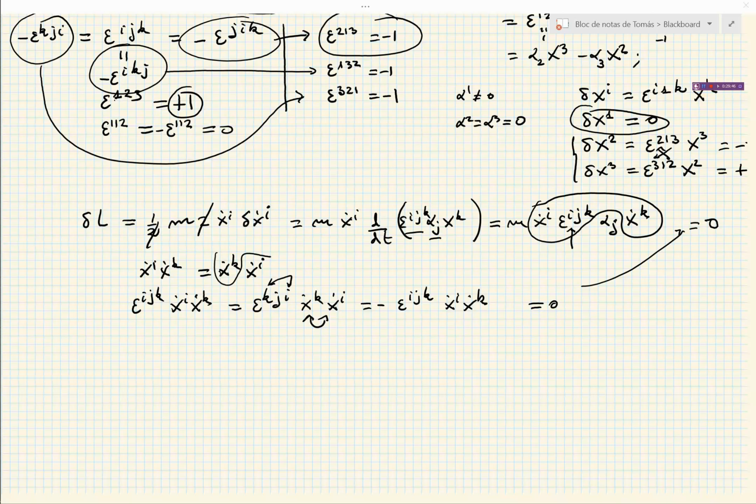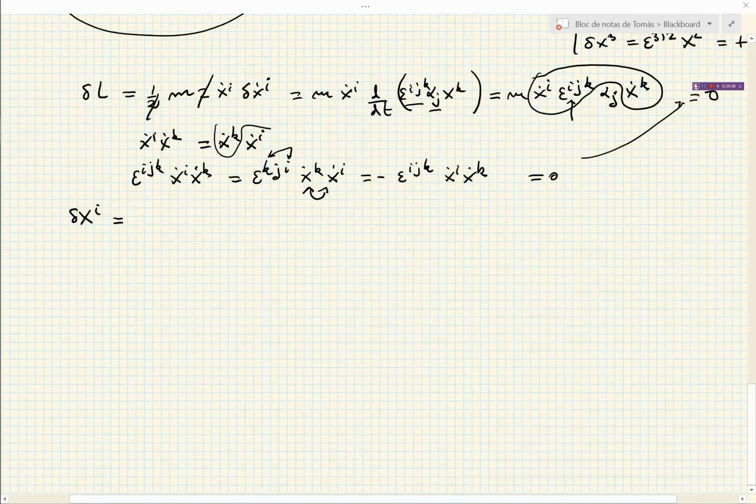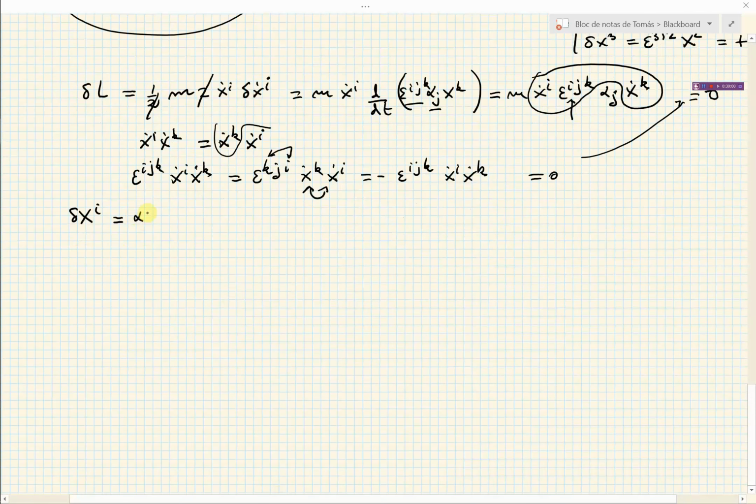first I need to identify the alpha independent part of the transformations. So I write delta xi is this alpha j delta j xi.